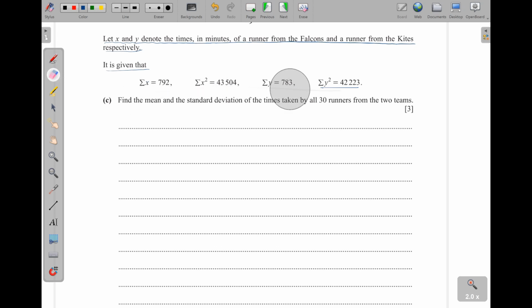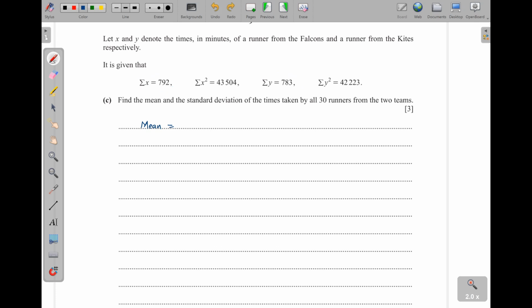Now, to get the mean, I'm supposed to add up the values, then I divide by how many they are. But since I have two groups, and I have the sum for one group and the sum for another group, I put together the two sums, okay?